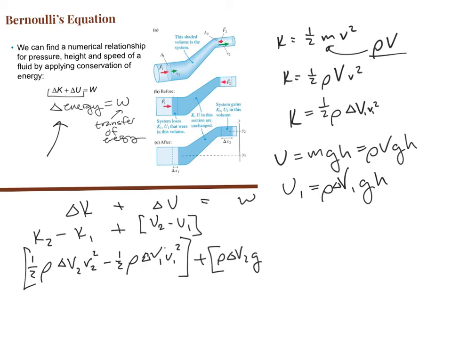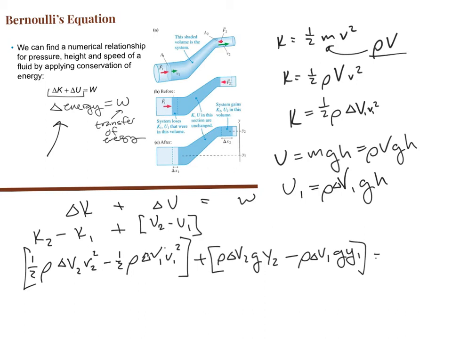Why would I do this? Well, because the book does it. So this is going to be y2 minus rho delta V1 g y1. Sorry, it might bug some of you that I wrote those y's in 2 different fonts.